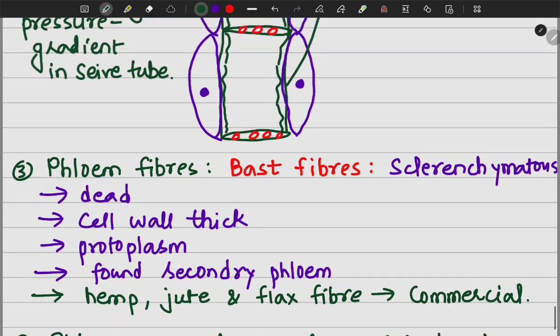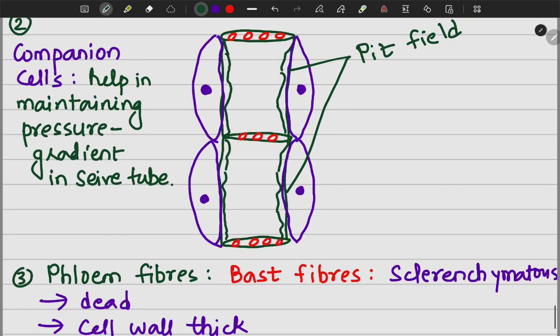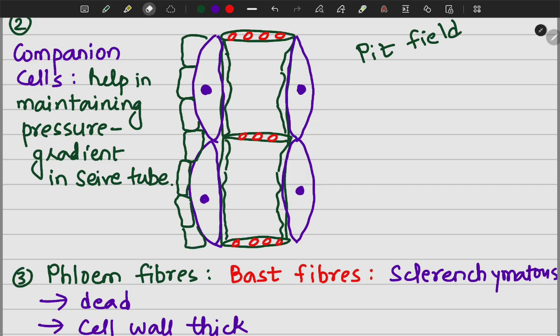Alright, so let us look at this figure where we studied the sieve tube and companion cells. Just beside these companion cells we will find phloem parenchyma cells like this, which will be long and cylindrical with tapering ends, connected to each other like this on both sides of these companion cells.